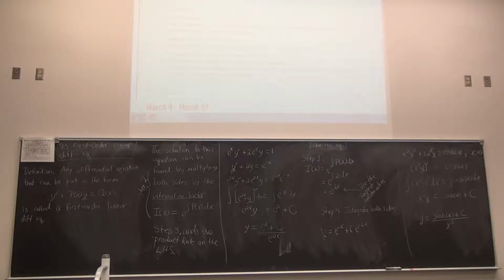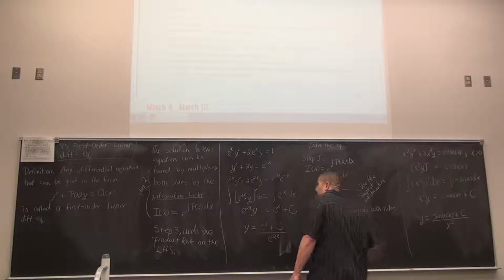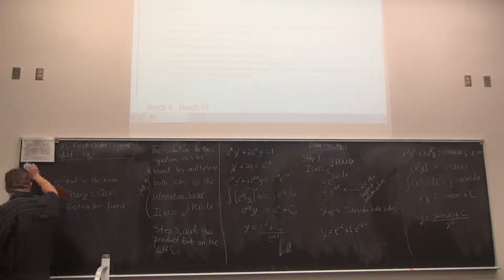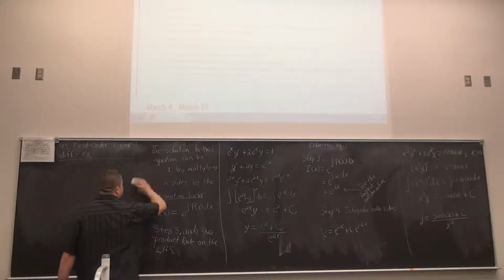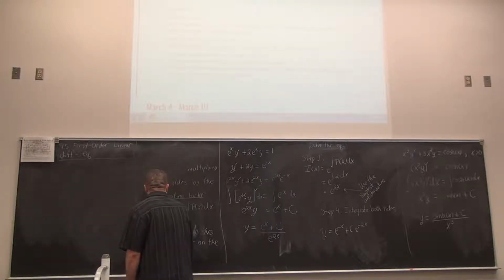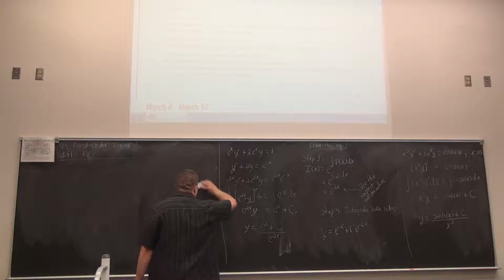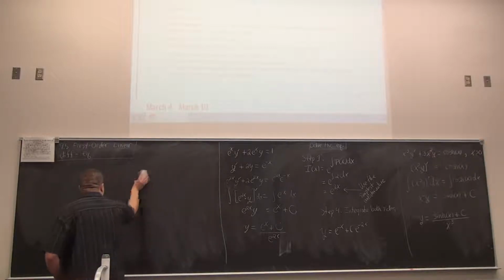Okay, one question you might have is, how can we tell whether or not our linear equation can be solved by separating? In other words, are some linear equations separable? And the answer is, yes, some of them are, but not all of them.